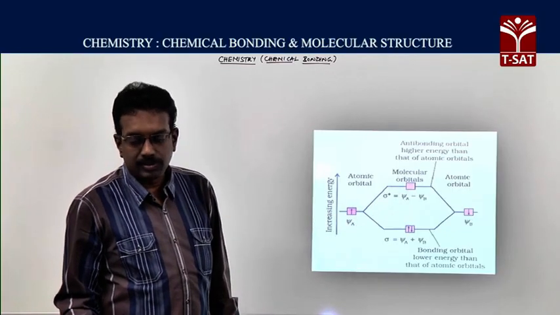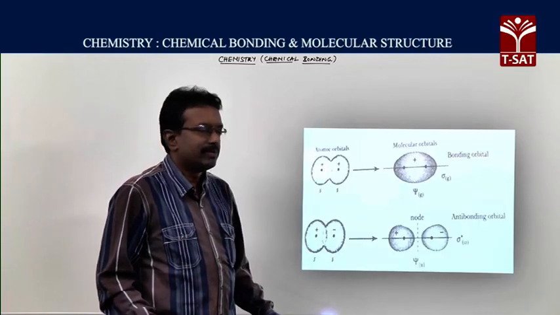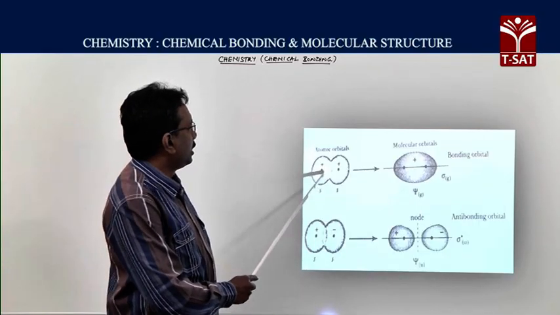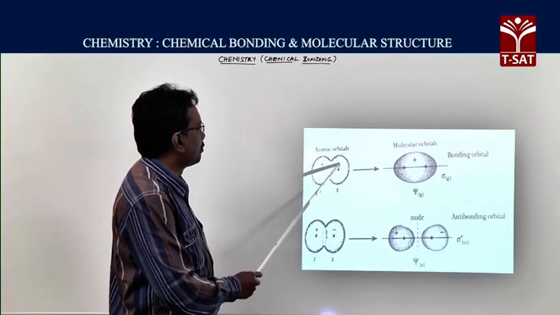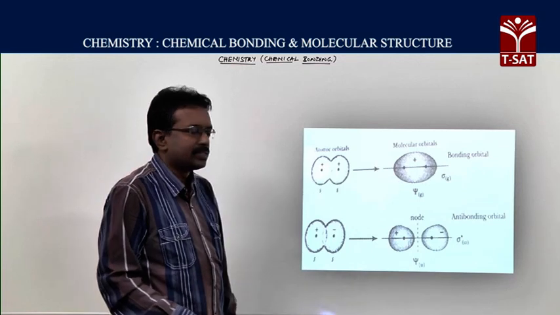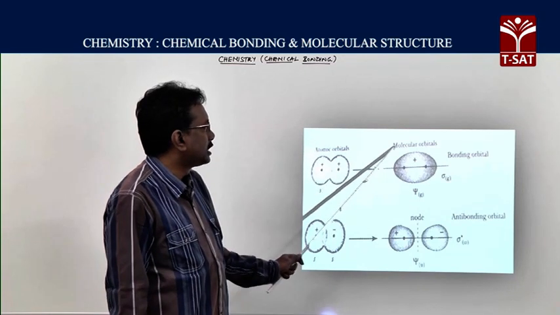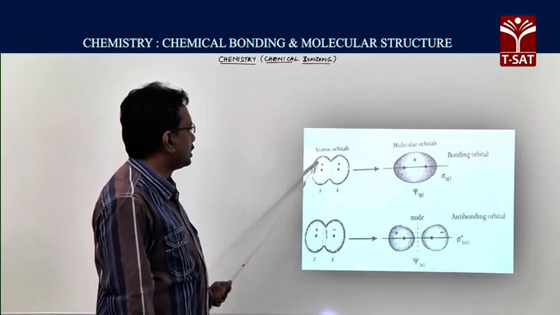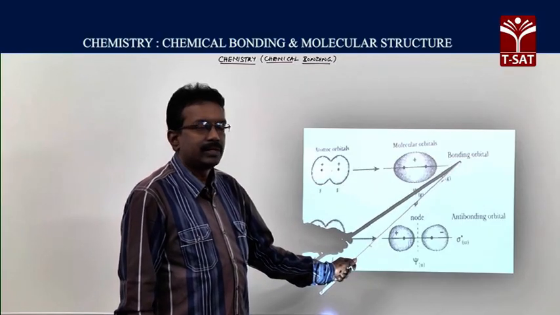Now if you observe these LCAO combinations, I am taking the s-s combination. Plus over plus leads to constructive interference. When these two atomic orbitals combine together and produce one molecular orbital through constructive interference, it is called the bonding orbital.